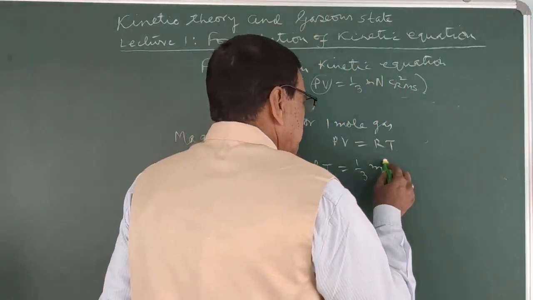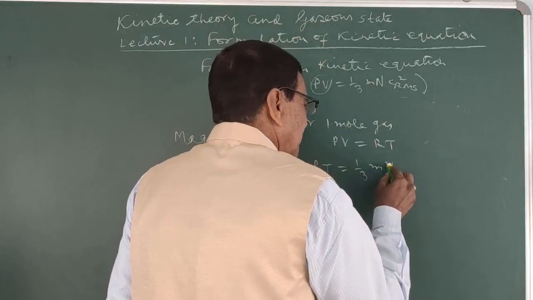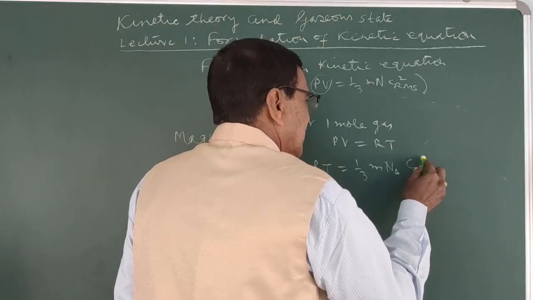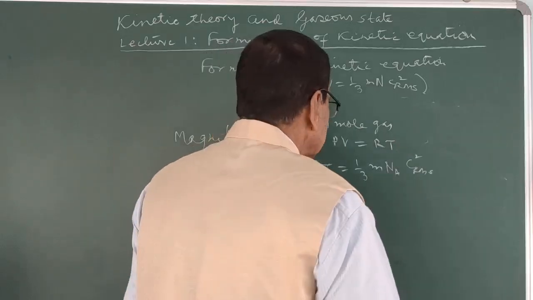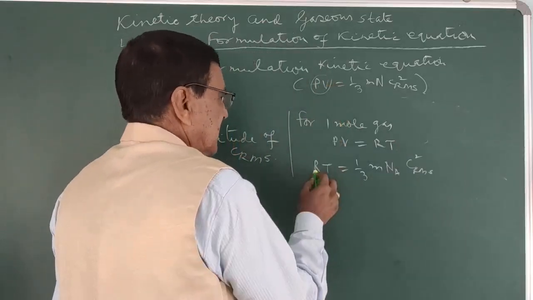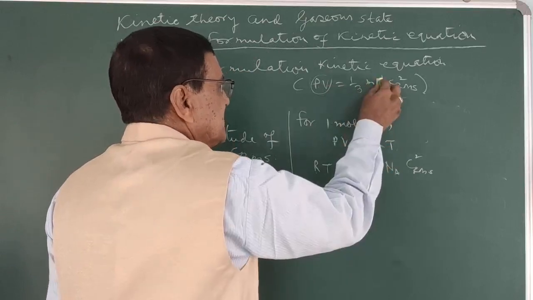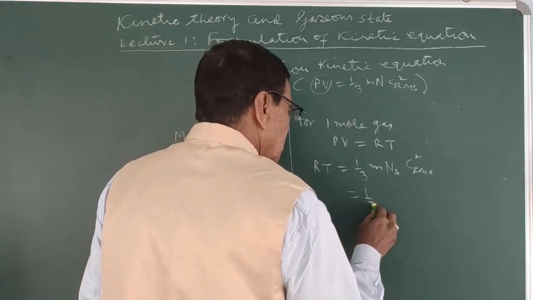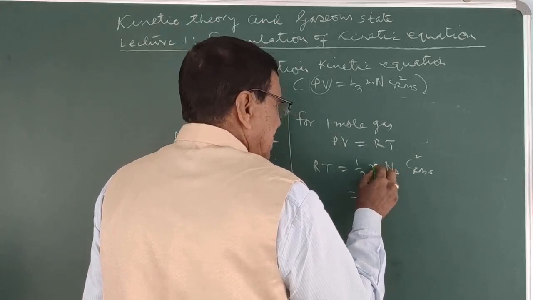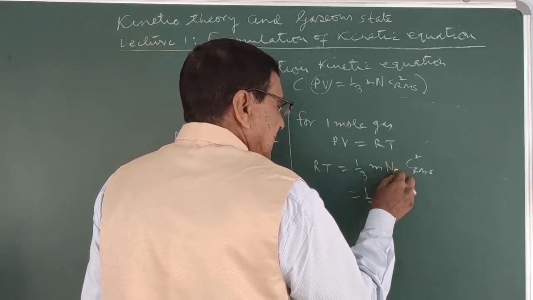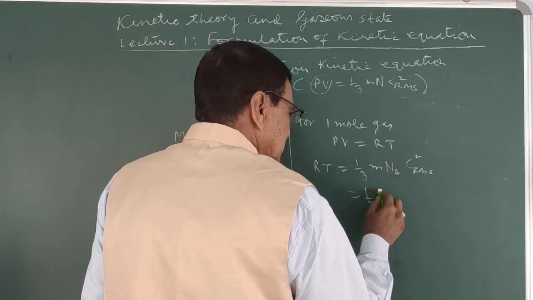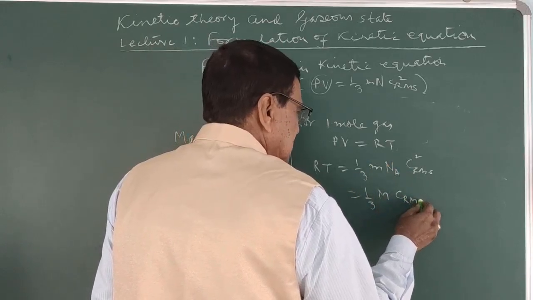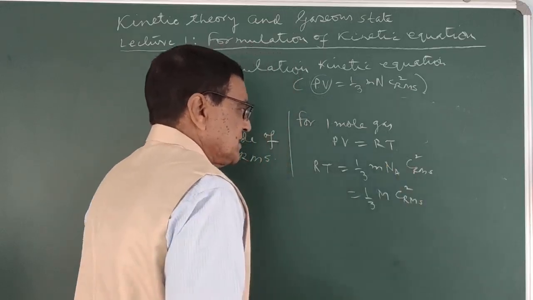So it is m times N, where N is the Avogadro number, times CRMS squared. Here m times N is the molar mass M of this gas.